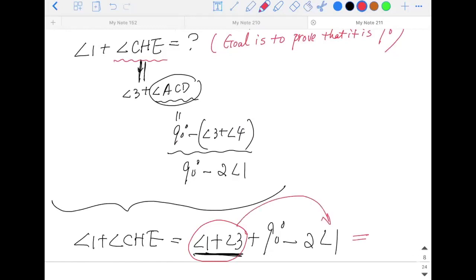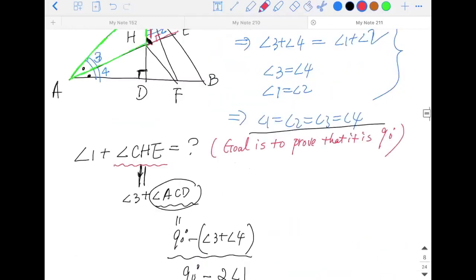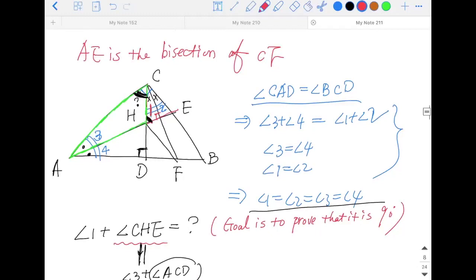So that one can be cancelled. Directly equals to 90 degrees. So that being said means what? I have successfully proved CF is perpendicular to AE. Is that right?